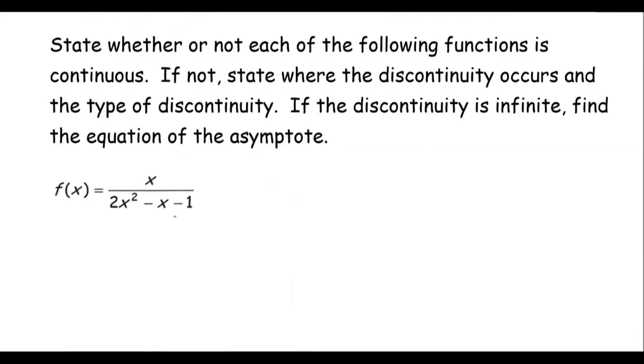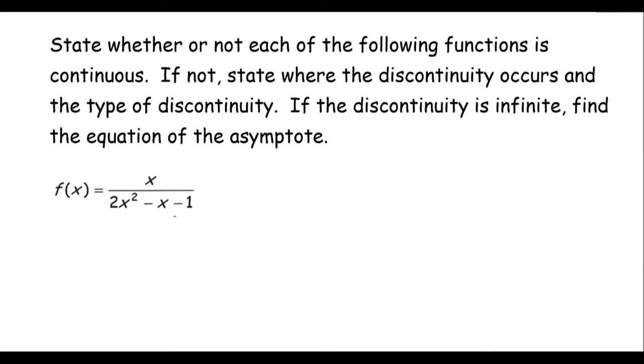Okay, I'm going to do a type that is similar, but it's just slightly asking a different question. So here we're going to put this together. We're going to state whether or not the following function is continuous. If there is any point of discontinuity, we're going to state where the discontinuity occurs. We're going to identify the type of discontinuity.